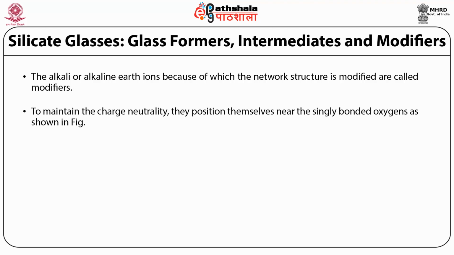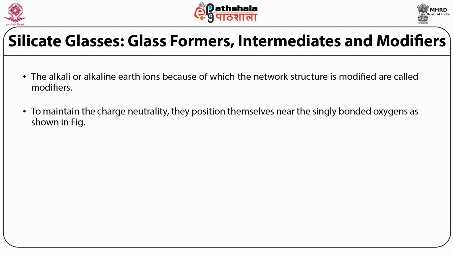To maintain the charge neutrality, they position themselves near the singly bonded oxygens, which are shown in this figure. So this figure shows the location of the network modifiers in the silicate glasses. You can see that the hollow circles, or open circles, are oxygen, whereas the solid circles are silicon.